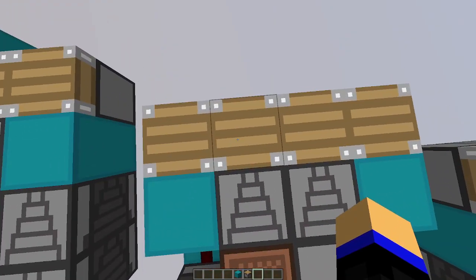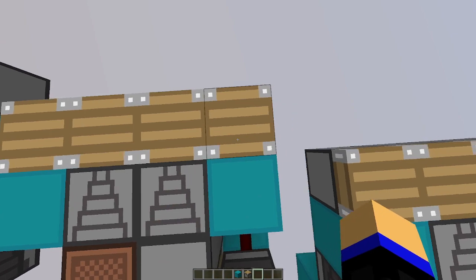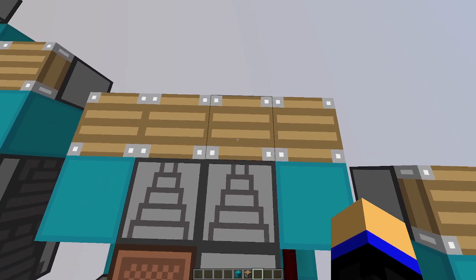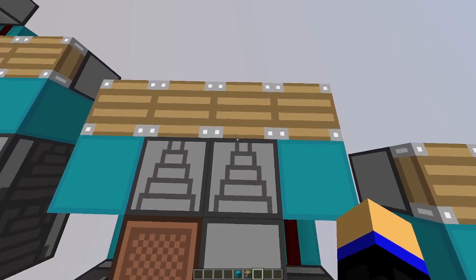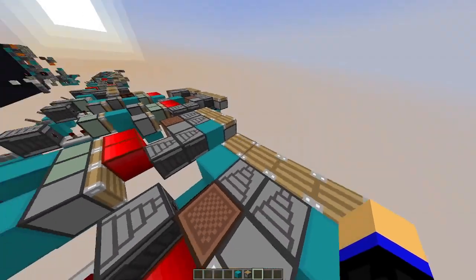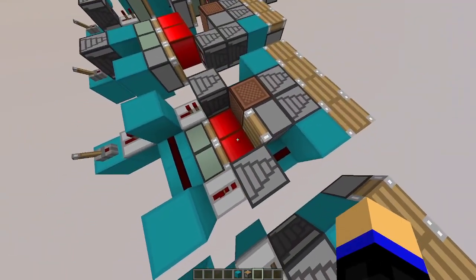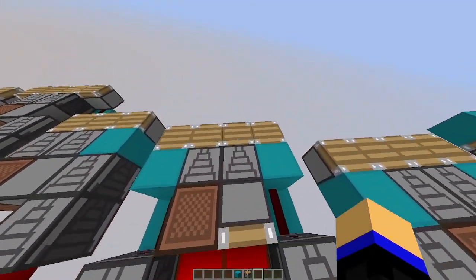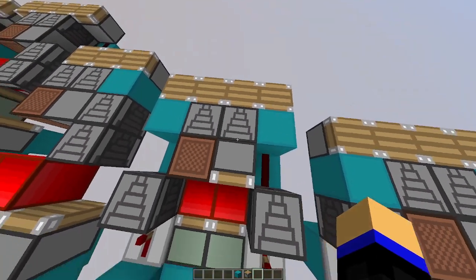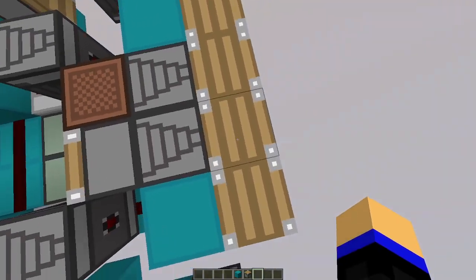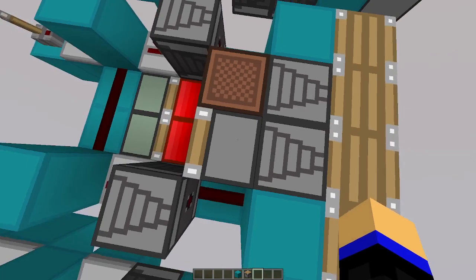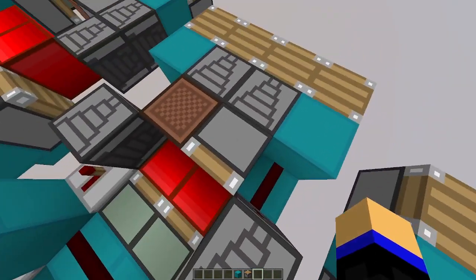Then these 2 pistons and this piston have a 2 game tick interval, and this falls in between, so it must have 1 game tick of delay from these 2 pistons. So 3 game ticks of delay for this here, and 3 game ticks minus 2 game ticks here. The 1 game tick piston activation delay from this piston.